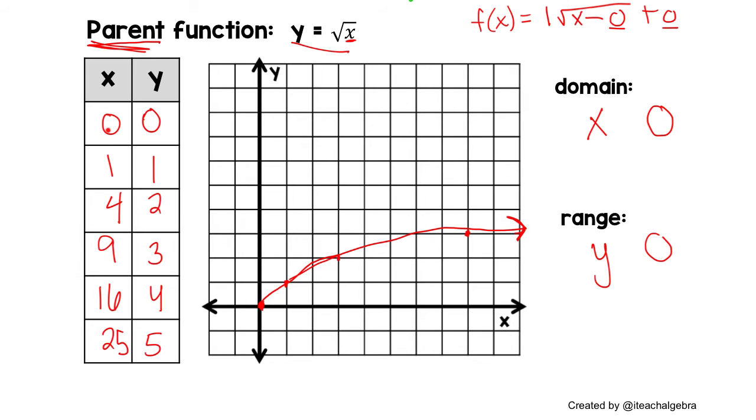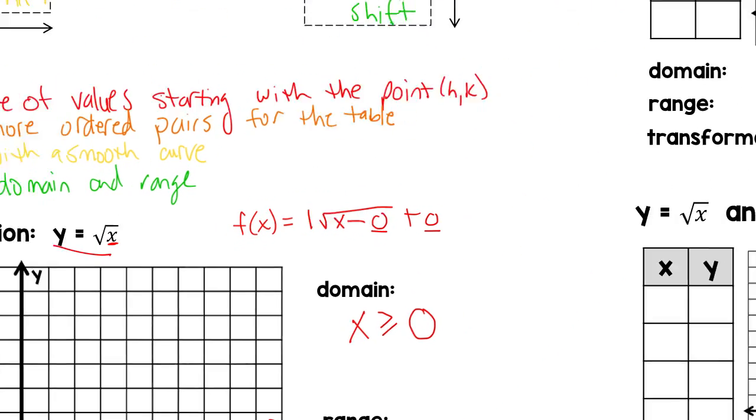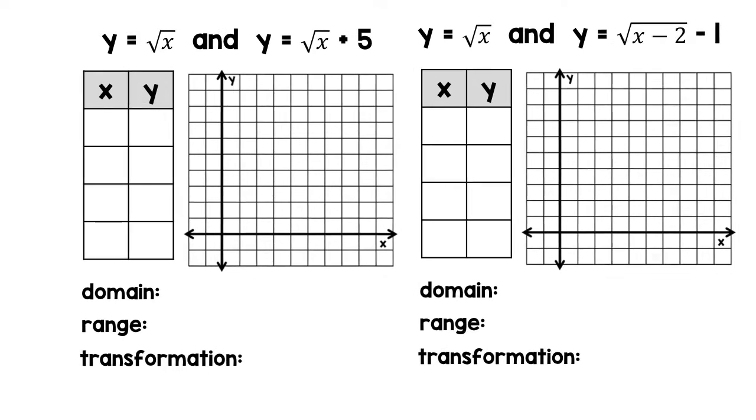Well, 1 is greater than 0, so the domain is greater than or equal to 0. Same direction with an equal to. For the y column, start at 0. Next value is 1. That's greater than, so our range is greater than or equal to 0. These are all going to be the same process. So if you can just work with me and figure this part out, you're going to be golden.